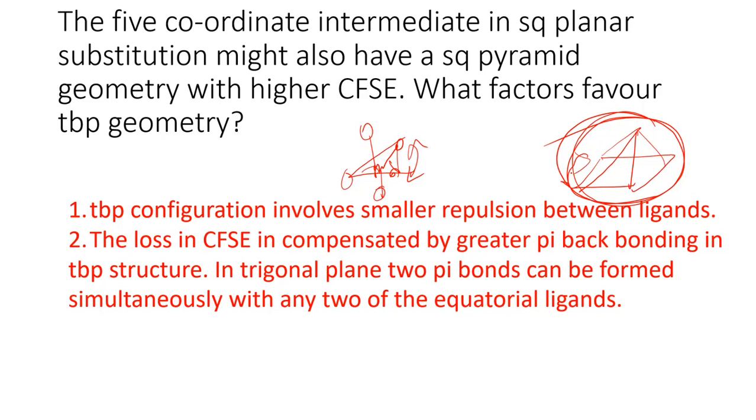You can say that in the TBP configuration the ligands repel each other quite a bit less than the ligands placed in the square pyramid geometry.